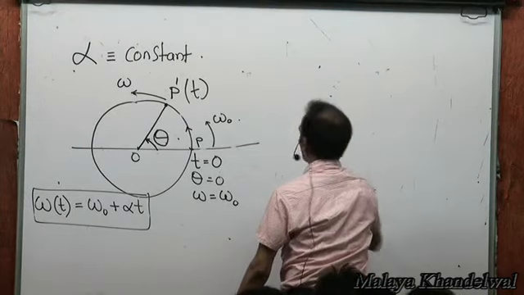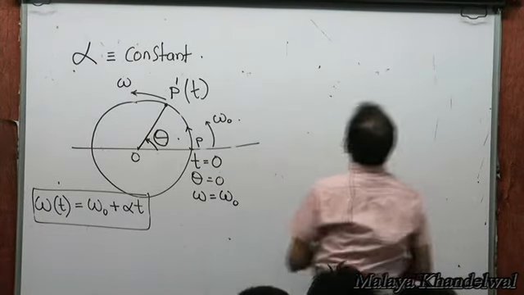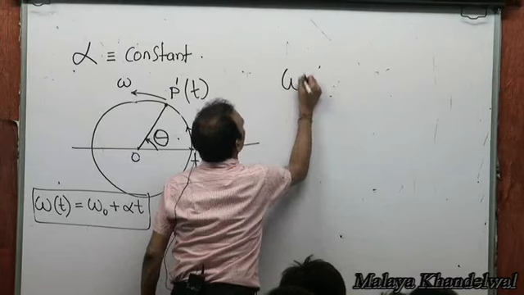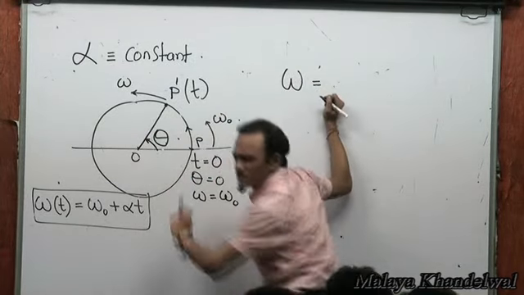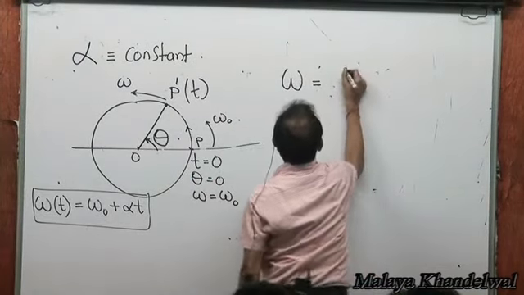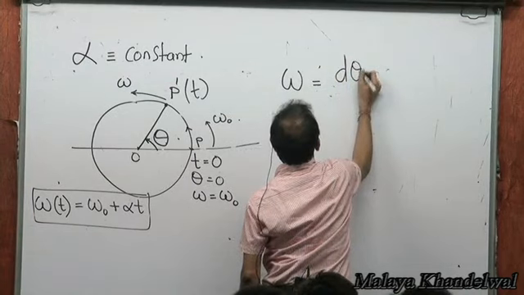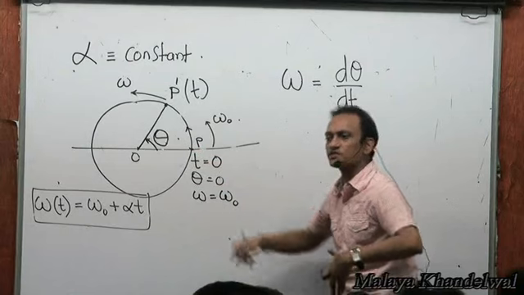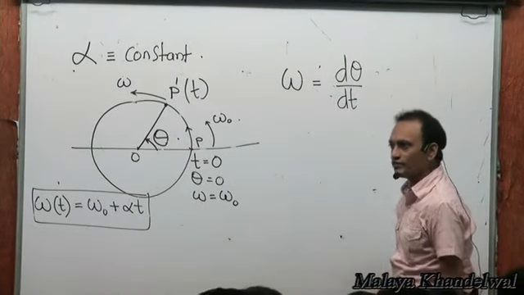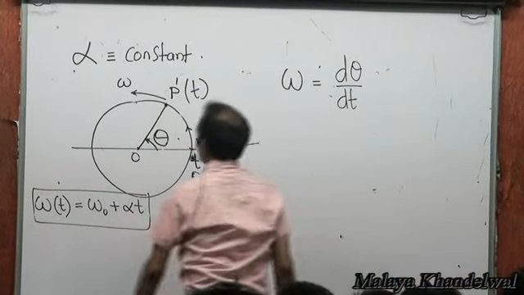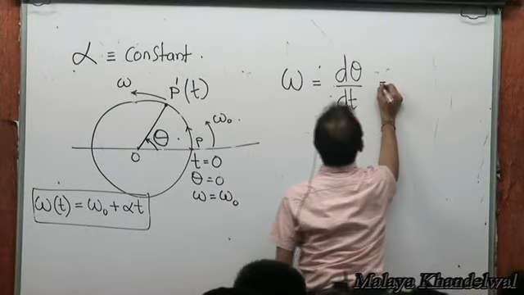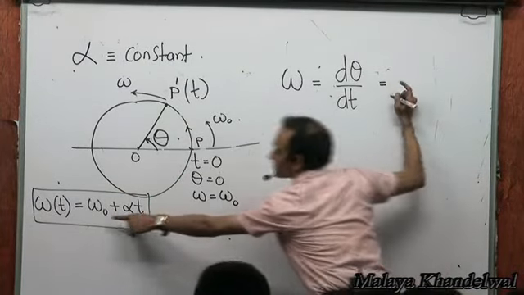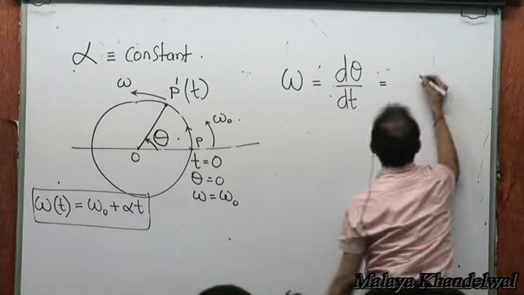Now, what is omega after all? Omega is the rate at which theta changes with time, yes or no? The rate at which theta changes with time is a measure of the angular velocity of the particle. And omega at any given instant of time is given by omega naught plus alpha t.